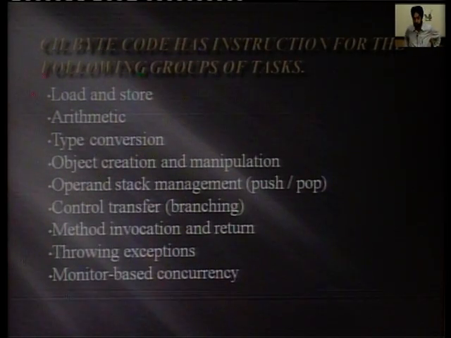So, ਜਿਸ ਤਰੀਕੇ ਨਾਲ ਕਿ ਜਦੋਂ ਵੀ ਅਸੀਂ .NET framework ਵਿੱਚ ਕੰਮ ਕਰਦੇ ਹਾਂ ਤਾਂ ਜਿਹੜੀਆਂ ਨੰਬਰ ਆਫ ਇੰਸਟਰਕਸ਼ਨਸ ਨੇ ਉਹ ਜਨਰੇਟ ਹੋਣਗੇ, ਨੰਬਰ ਆਫ ਟਾਸਕਸ ਨੇ ਜਿਹੜੇ ਅਸੀਂ ਉਹ ਐਗਜ਼ੀਕਿਊਟ ਕਰ ਸਕਦੇ ਹਾਂ। ਫਾਰ ਐਗਜ਼ਾਮਪਲ ਲੋਡ ਐਂਡ ਸਟੋਰ, all the arithmetic operations, ਪਲੱਸ ਕਰਨਾ, ਕੋਈ ਮਾਈਨਸ ਕਰਨਾ, ਐਡੀਸ਼ਨ, ਸਬਟ੍ਰੈਕਸ਼ਨ, ਡਿਵੀਜ਼ਨ, so all the arithmetic functions, type conversion, object creation and manipulation, operand stack management (push, pop), control transfer or branching, method invocation and return, and exception monitoring based concurrency.